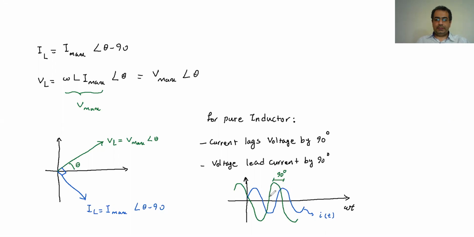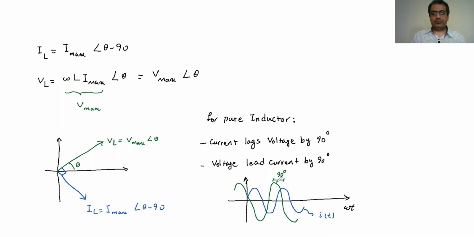So you see that the voltage leads. Look at it. If I have the peak here, then the current peak happened after 90 degrees. That's why I say the voltage leads or the current lags. Whatever happened in the voltage, the same trend happened in the current 90 degrees later.